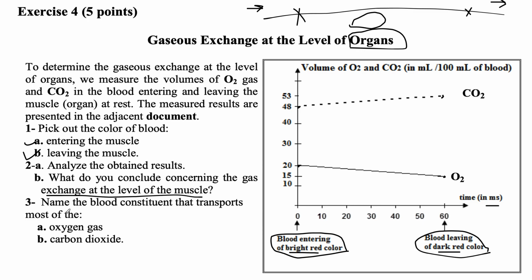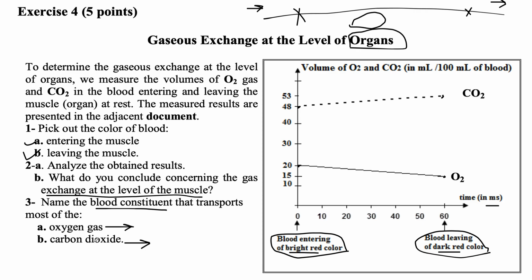Name the blood constituents that transport the most quantity of oxygen and the most quantity of carbon dioxide. So the most quantity of oxygen is transported by red blood cells, because he said the blood constituent.